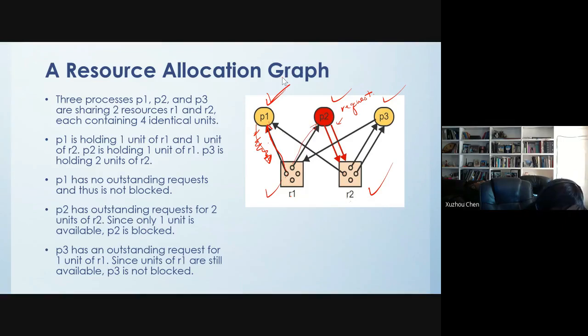Now, what about P3 or P2? P2 is currently holding 1 unit of resource 1, but is requesting 2 units of resource 2. What do you think? Do you think P2 can get all the resources and continue?